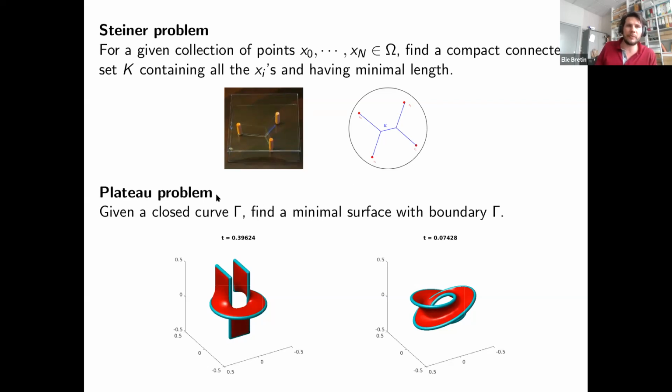It is exactly the same for the Plateau problem, which is the equivalent in 3D, where the problem consists of finding minimal surfaces whose boundary is given by a closed curve gamma. And here you can also see that we can observe some minimal surfaces which are not oriented, and we also have a triple line singularity.